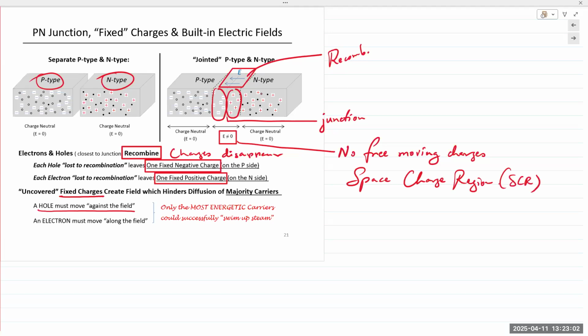SCR, some books stick with SCRs, but more commonly, this region is known as the depletion region. So again, in semiconductor fabrication, device physics, semiconductor devices, this region is always commonly referred to as the depletion region. The reason being that this region right here is completely depleted of all free charge carriers.